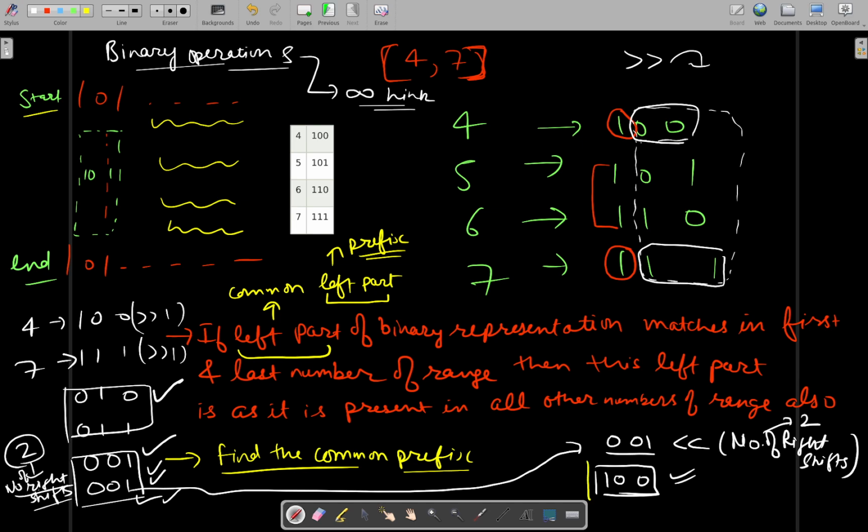If you ask me why this is the answer, there is a property in AND. Let's say there are some binary numbers and we have to do the AND operation here. The result of AND of any two numbers will be carried through the entire AND operation.